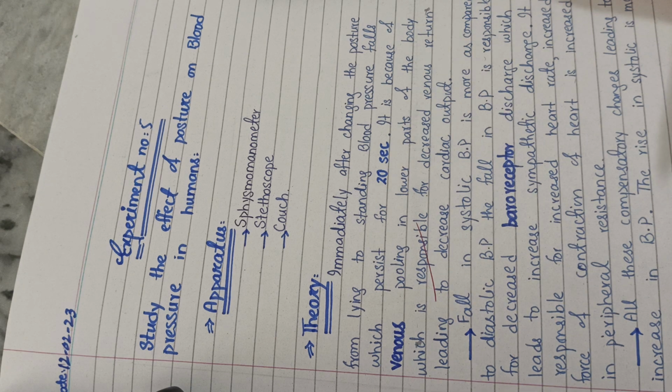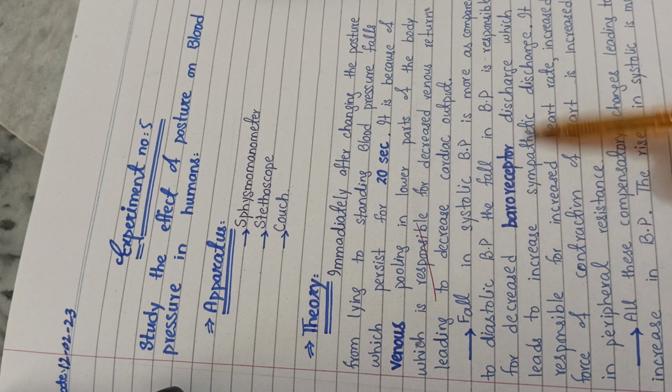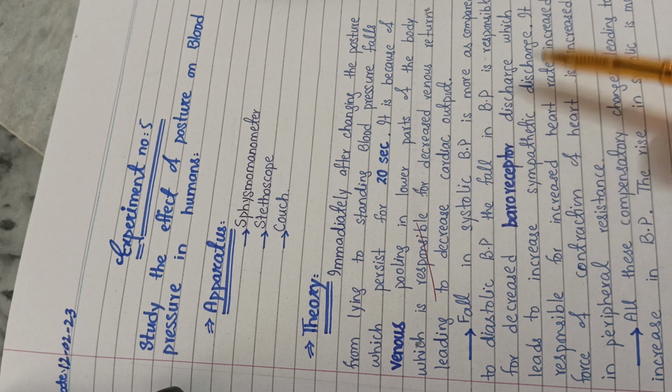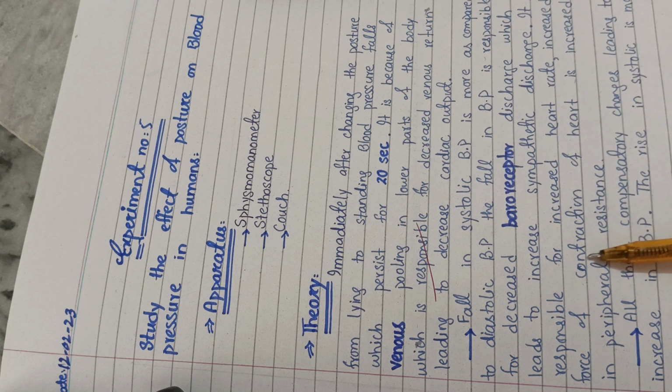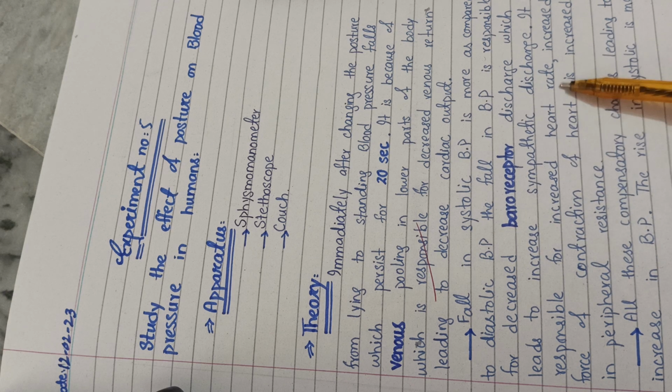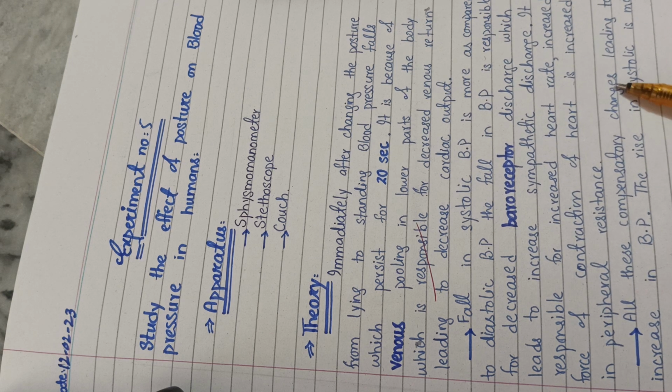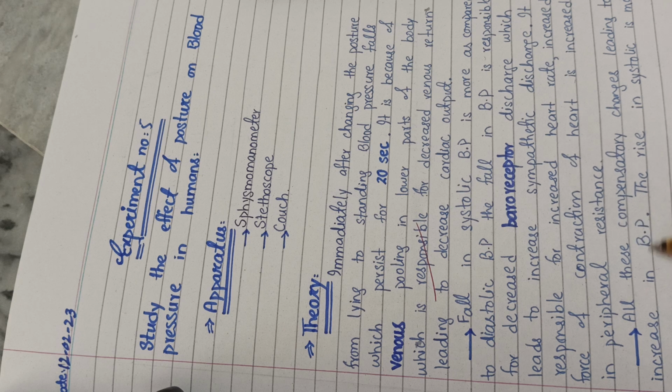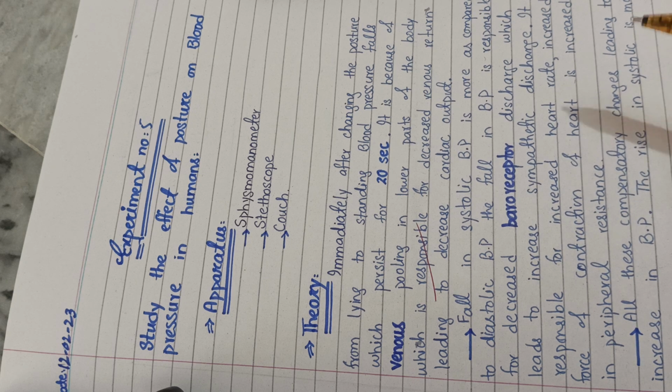Then your baroreceptors detect that there is low blood pressure, and after that the sympathetic discharge increases. Due to it your heart rate increases, your force of contraction and your peripheral resistance increase, and your blood pressure increases. So all of these compensatory changes increase your blood pressure and raise the systolic.